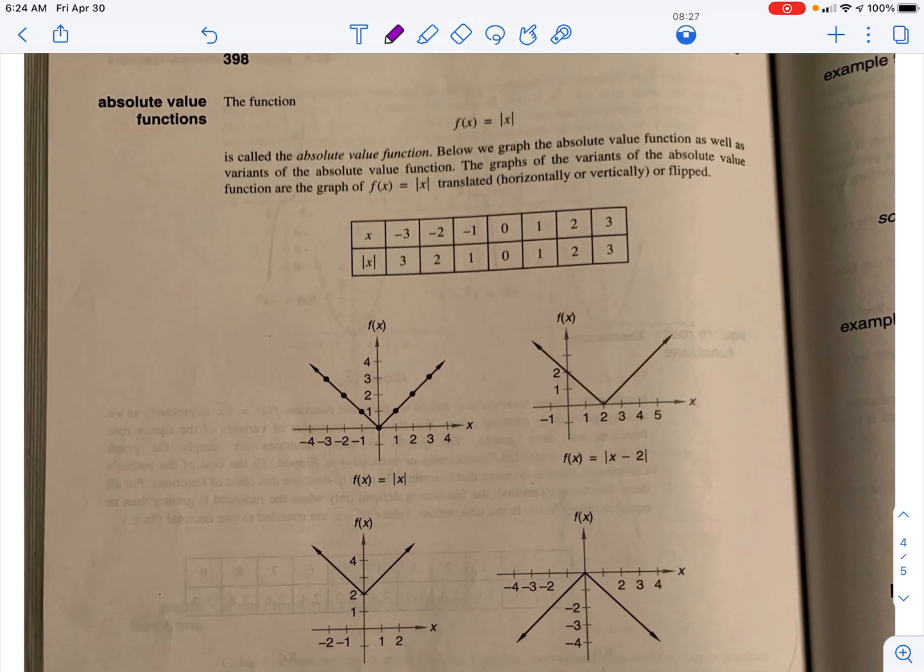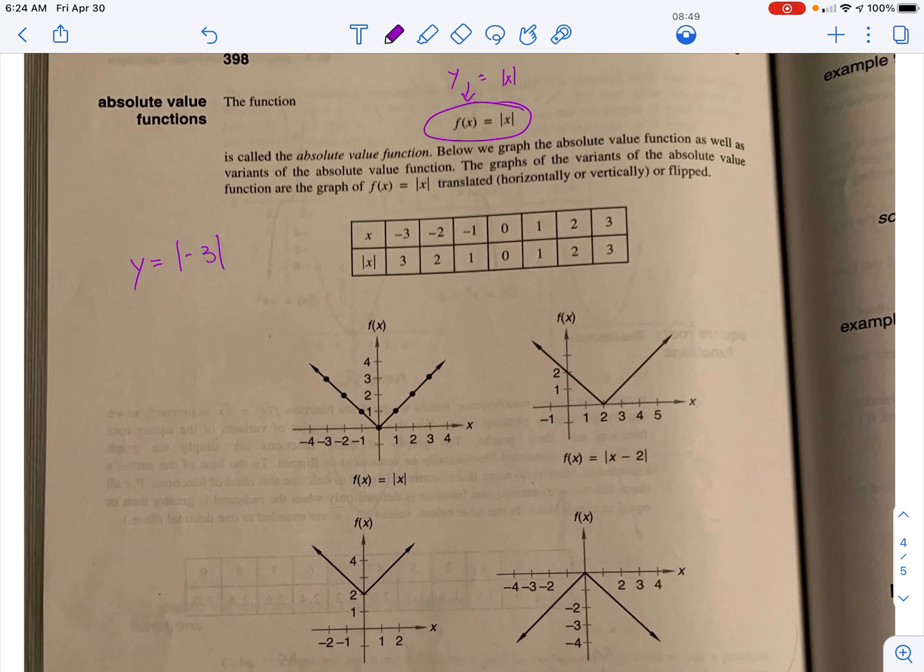And these are absolute value functions down here. So again, if I had an equation that looked like this, f of x equals the absolute value of x, whatever I put in for x right here, remember this is like y. So I'm going to go ahead and change that to a y just so it makes it easier for us.